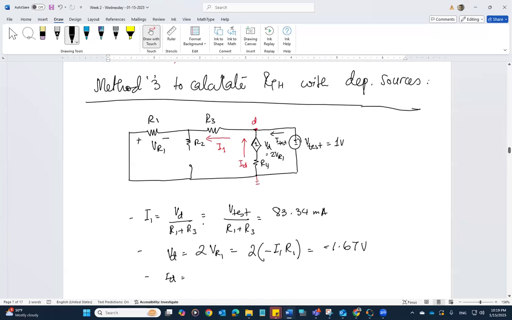So ID will simply be equal to VD minus V test, where V test is at this node, of course, over R4.